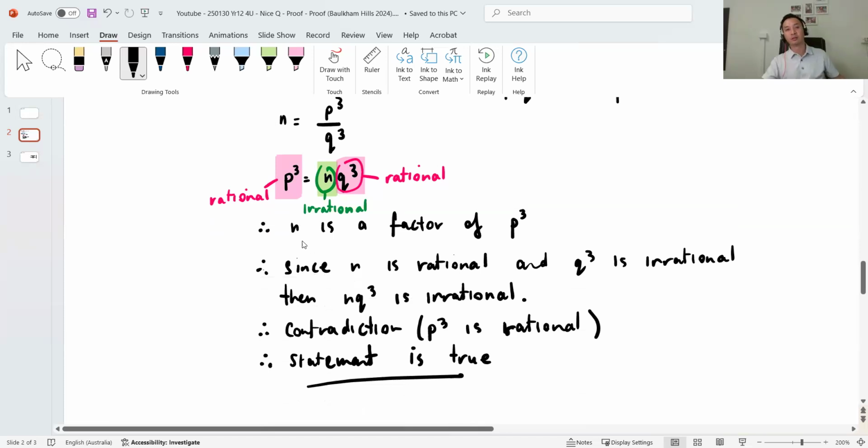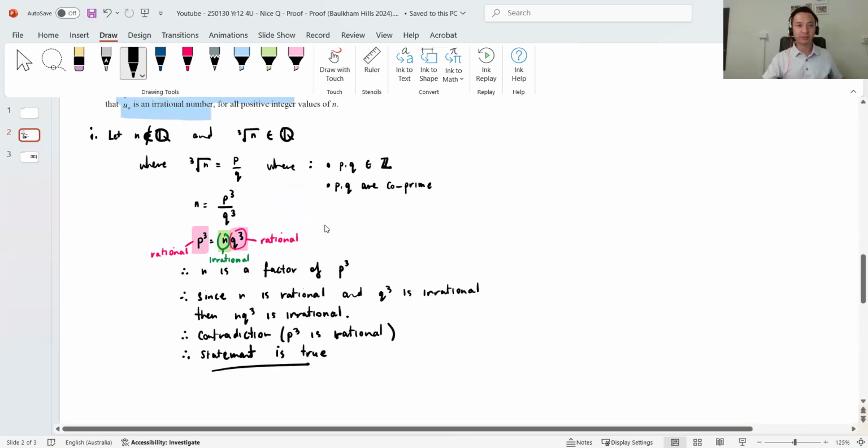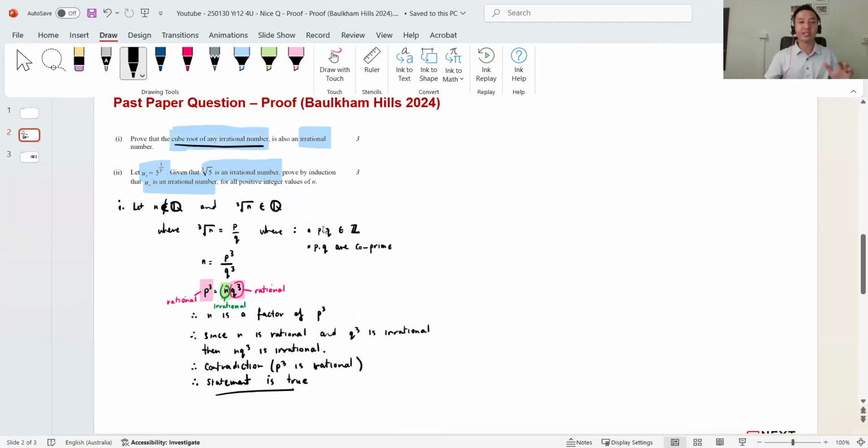Guys, how's that? For the first part of this question, we let n be an irrational number, and we're taking the cube root of it. Some people look at this and go, wait a second, why did you let n be irrational and this guy be rational? Because the question revolves around the cube root.